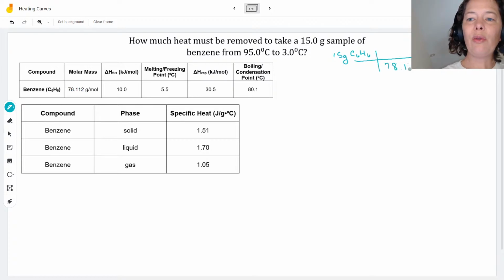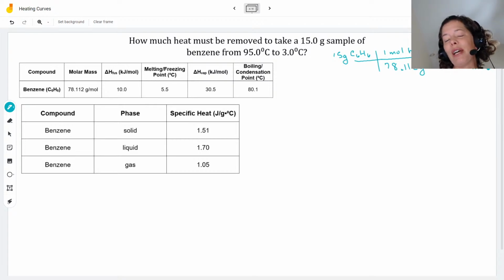So I can just do a quick conversion, and that will give me 0.192 moles. You didn't have to do that to start with, but I just like to have all of my information ready to go.